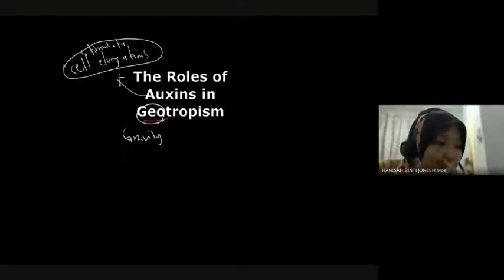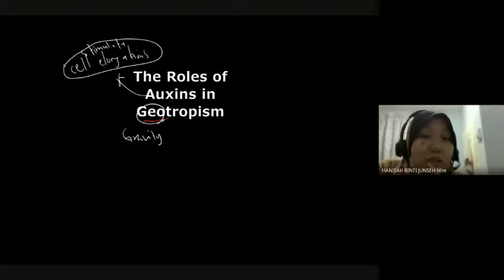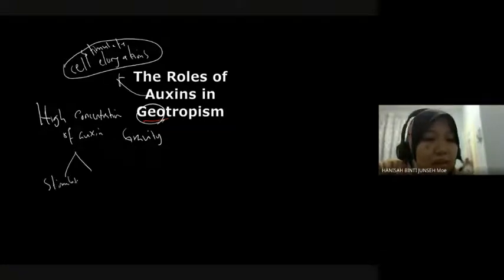Okay. And just now I told you high concentration of auxin. Okay. High concentration of auxin dia ada dua. The first one, it will stimulate, and at the same time it will inhibit. Stimulate who? Stimulate the cell elongation of the shoot.